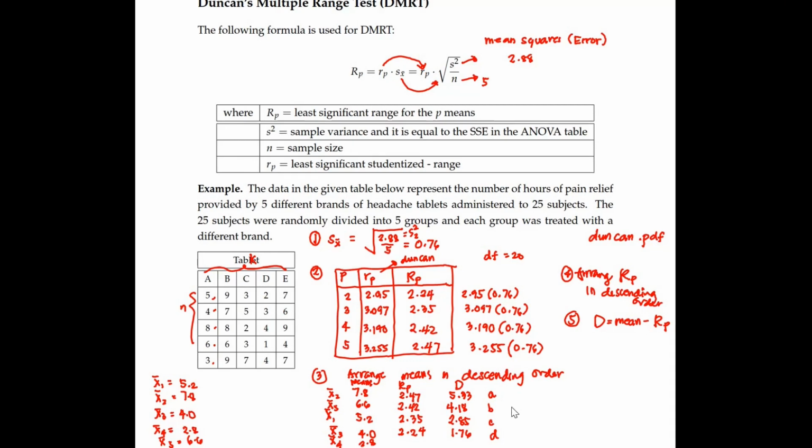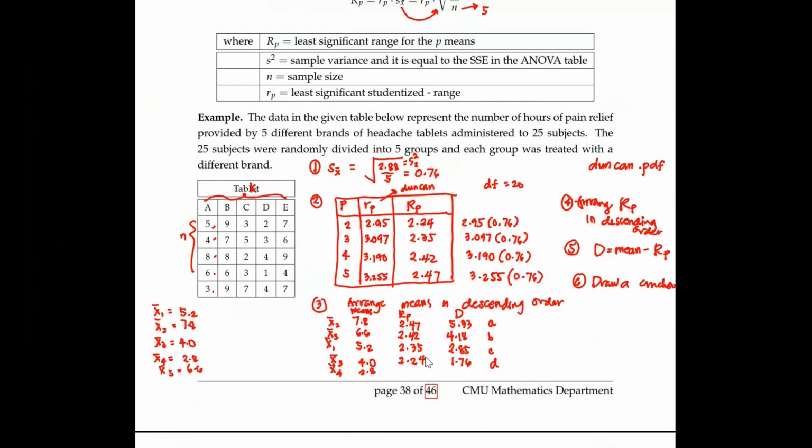Okay, so from there, step number 6 is to draw a conclusion out of the computation. So how will we compare each? Okay, so let's compare the means. So let's compare the means here with the D computed.